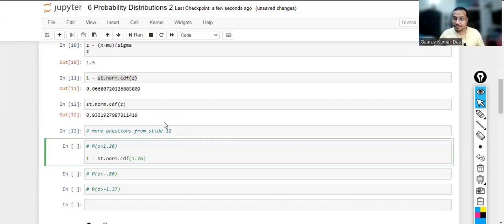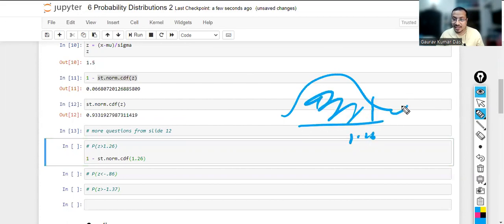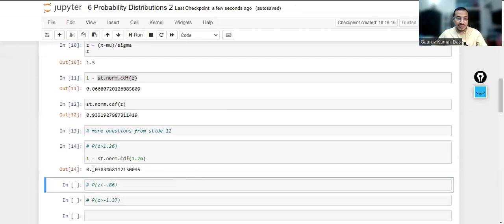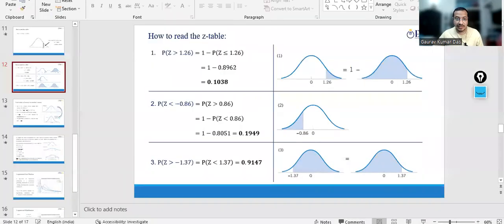Because my function gives me values less than, but I'm asked about this point. So I'll do 1 minus, subtract all this region, and I'll get this particular part, which I've already explained in the theoretical class. So this is what my value will be, 10% probability.